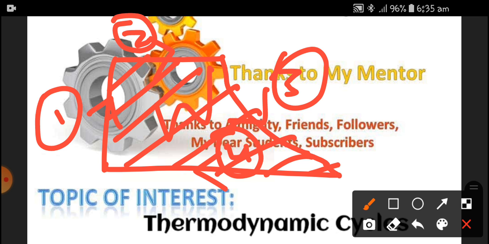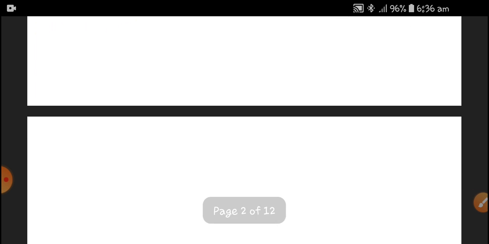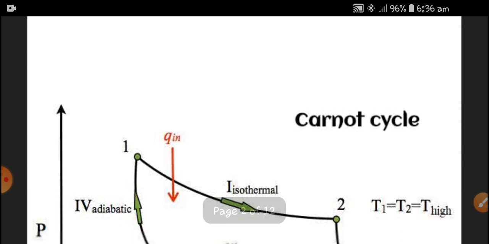Here some work is done. A number of processes are combined together and perform work. That is called a thermodynamic cycle. We have nearly 10 different types of thermodynamic cycles in nature that we are going to discuss in the next slide. First, the ideal cycle.